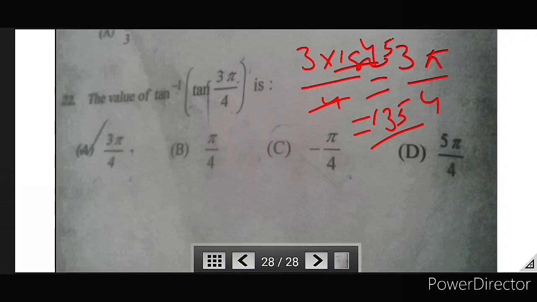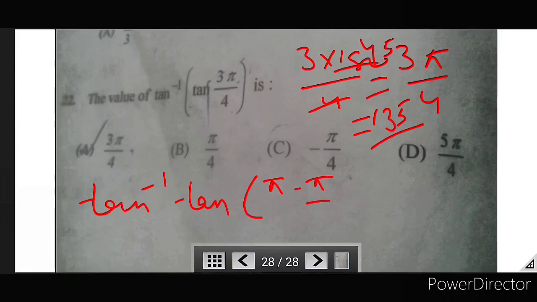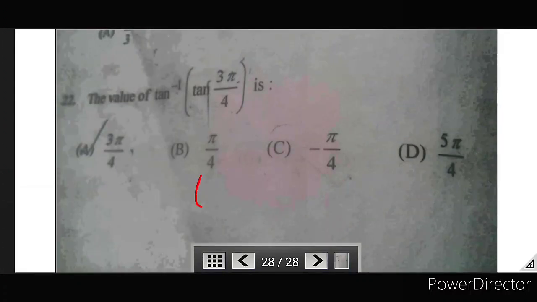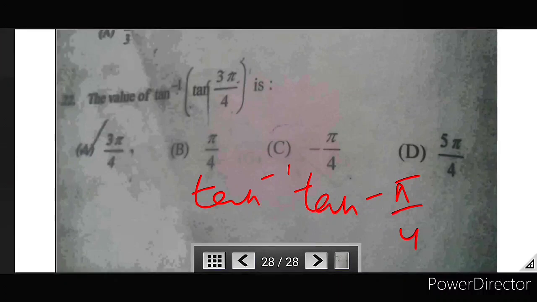So convert it into other angles, which is tan inverse tan of pi minus pi by 4, which is equal to tan inverse tan of minus pi by 4, that is minus pi by 4 is right option.